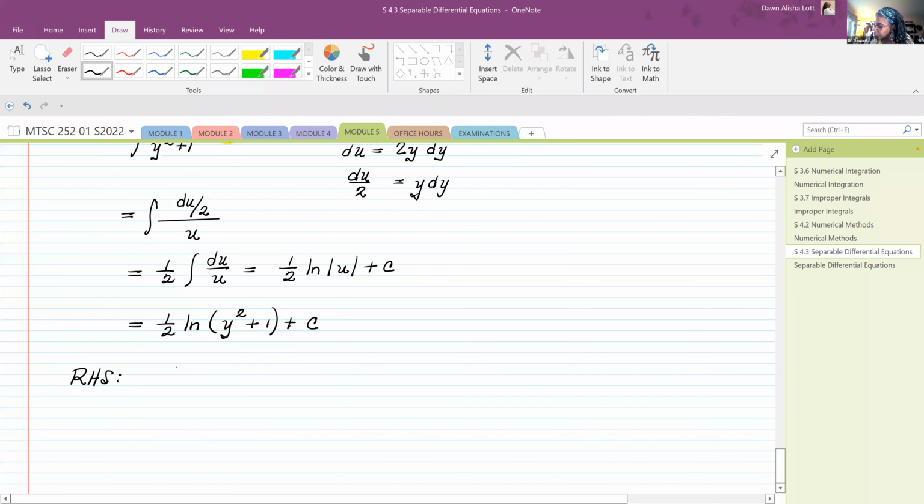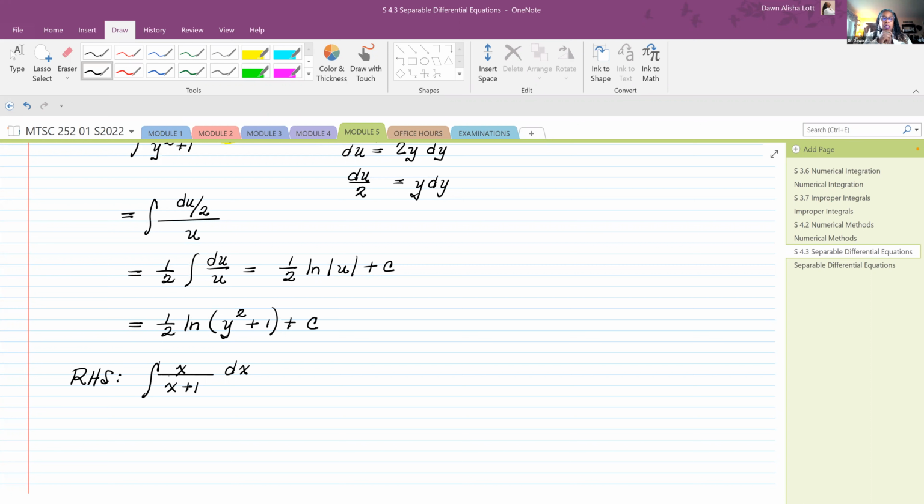Okay. Now we need to do the right-hand side. And that's the integral of x over x plus 1 dx. Now, this is one we just learned in the last module. This is a case where we're integrating a rational function, and the power of the numerator and the power of the denominator are the same. So what do we have to do for this one?